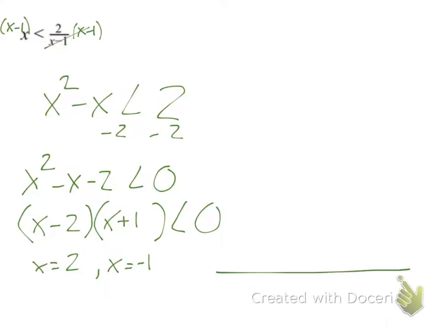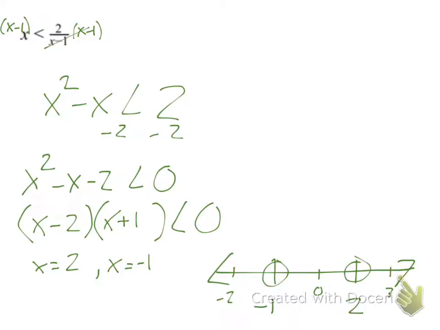Maybe we should graph them on a number line first so we can pick our values. Which one goes first on this number line again? So -1, 2. Are they open or closed? No, open. They're both open. So now let's just pick some values. -2, 0, and 3.